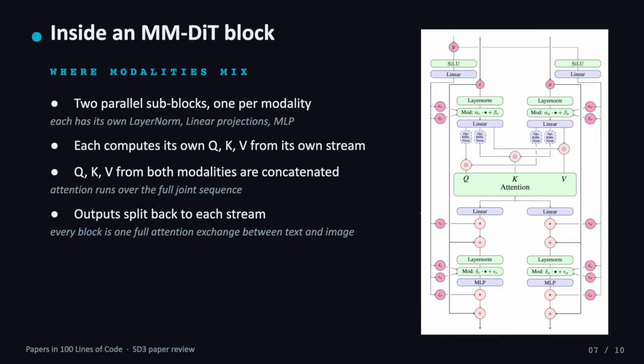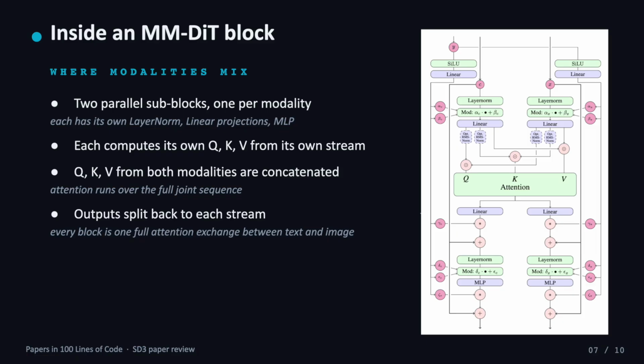Look closer at a single block. There are two parallel subblocks, one for text, one for image. Each one has its own layer norm and its own linear projections, which compute its own Q, K, and V from its own stream. Then, the key step. The queries, keys, and values from both modalities are concatenated together.